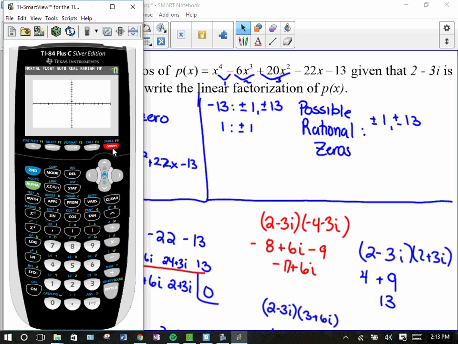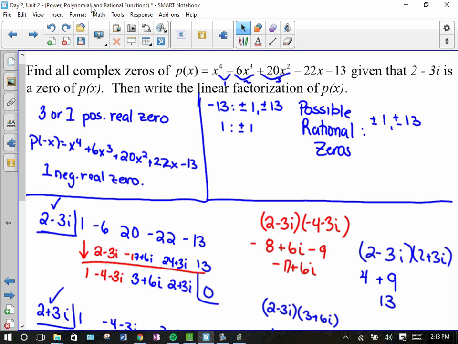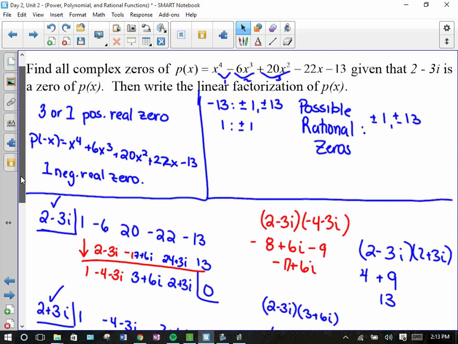Those don't look like nice zeros. That's between 0 and 1, that's between 2 and 3. And unfortunately for us, we don't have numbers between 0, 1, 2, and 3. We have no fraction. So that means that this is not factorable.